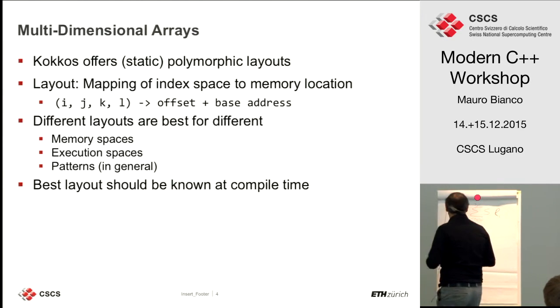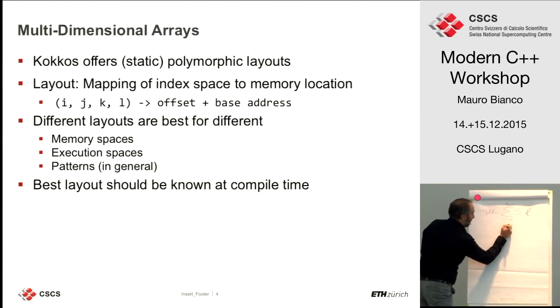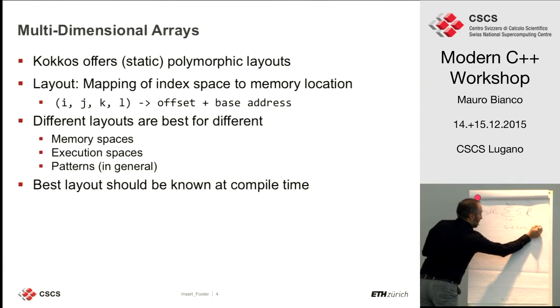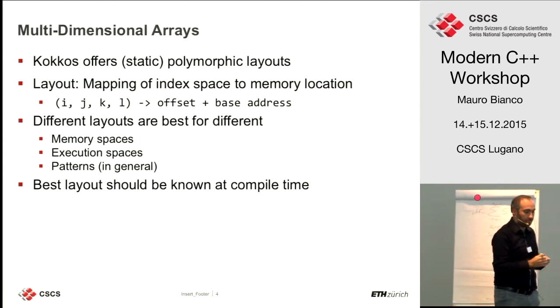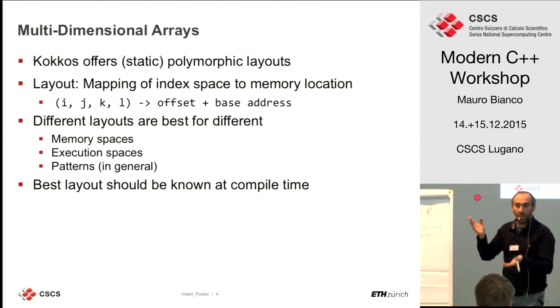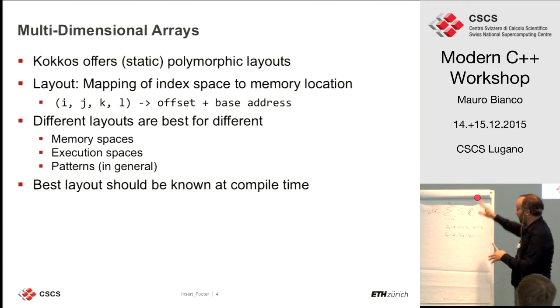For Fortran, S0 is 1, S1 less than S2, S2 less than S3. C is S(d-1) equal to 1, and S(d-2) greater than S(d-1), etc. But you can have all possible permutations. You can just take this thing and turn it around.